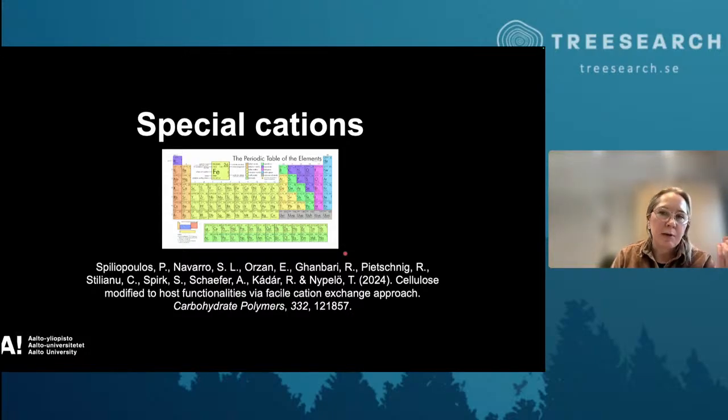And again, this was introduced with the same kind of procedure, so using the chlorides that we can introduce in an aqueous system. Europium and dysprosium were selected for their characteristics, red and yellow luminescence when they are coordinated with ligands.